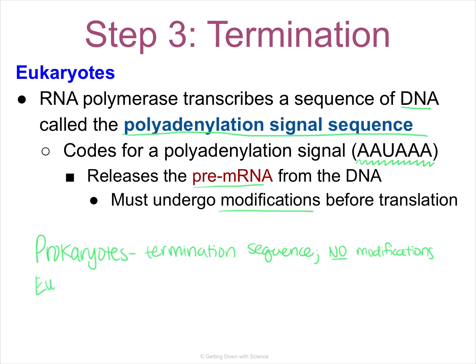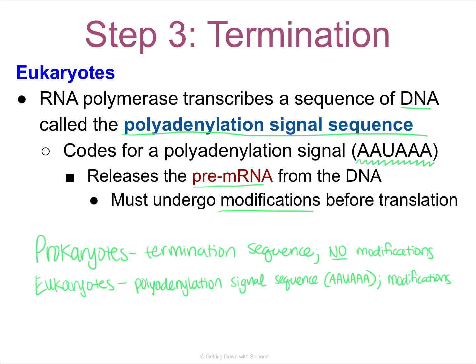And for eukaryotes like you, we have a polyadenylation signal sequence, which is AAUAAA, and modifications must be made.